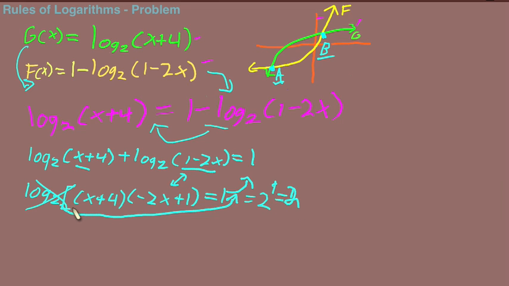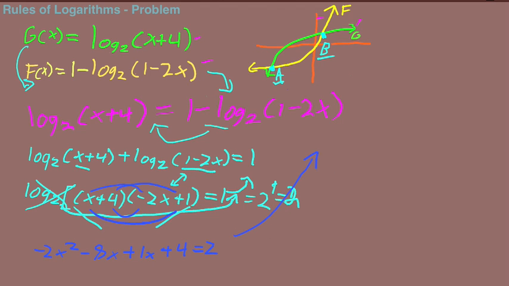Naturally. So now we've got to FOIL this out. x times minus 2x equals negative 2x squared, minus 8x, plus 1x, plus 4 equals 2.